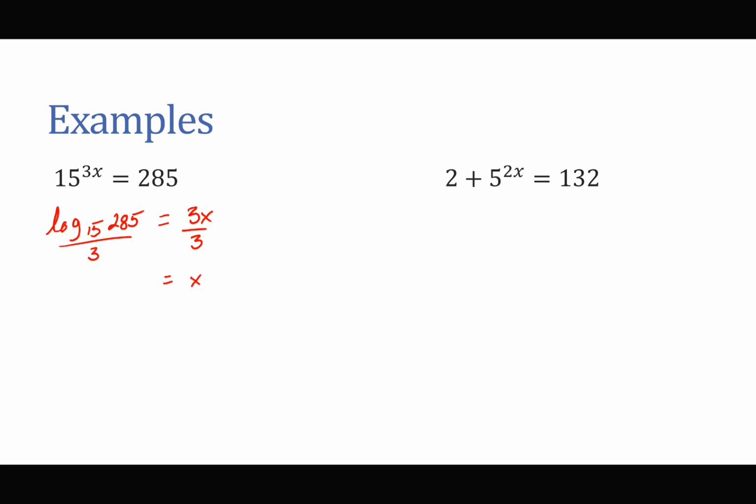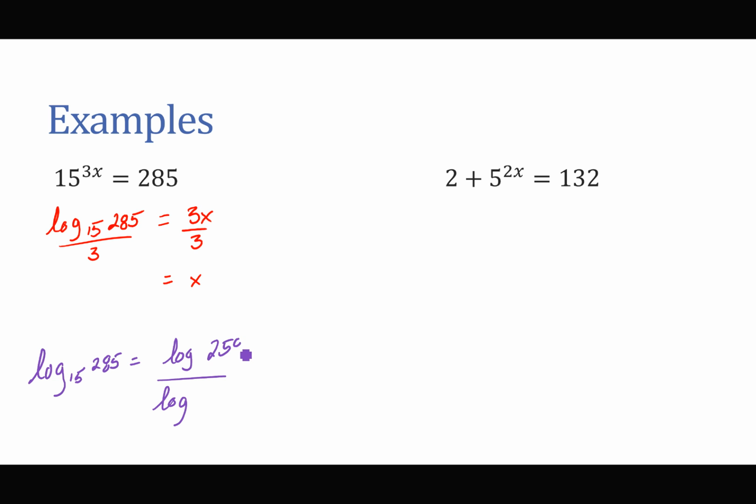Let's not even divide it by 3 yet. So log base 15 of 285, we have what's called the change of base formula. That lets me change my base to whatever I want, and I can rewrite it that way.